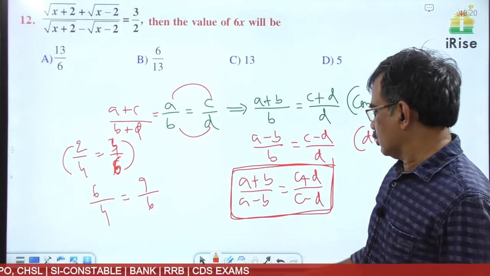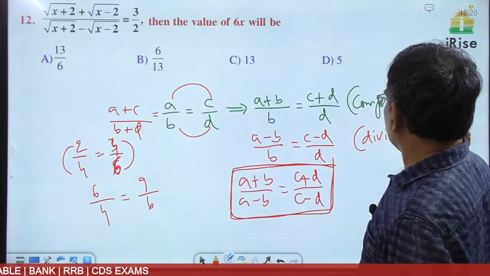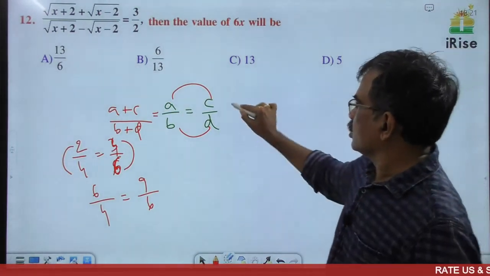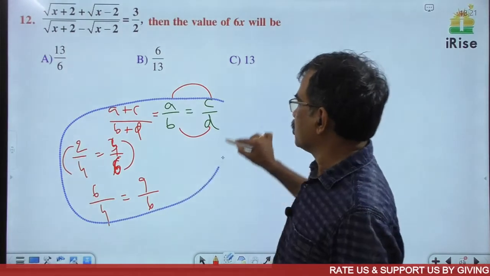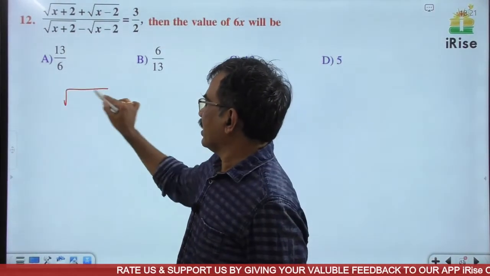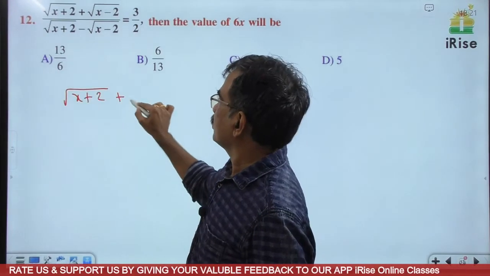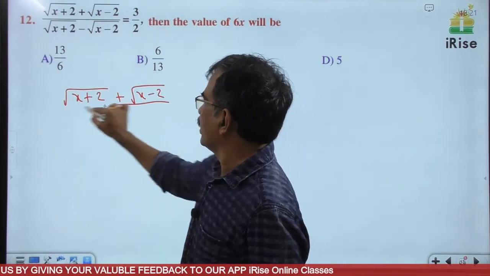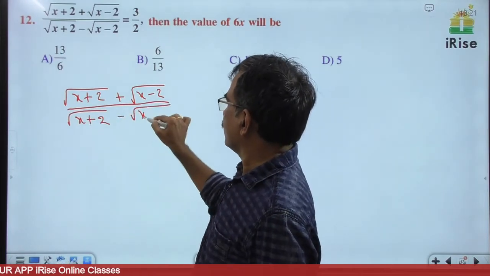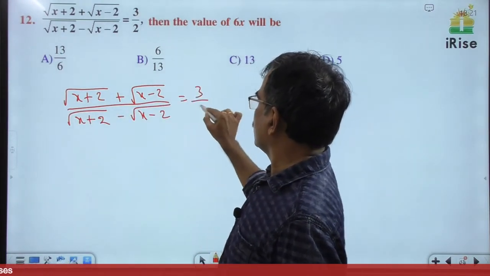So I want to use this concept in ratios and this condition. See, (root of x plus 2 plus root of x minus 2) by (root of x plus 2 minus root of x minus 2) is equal to 3 by 2.